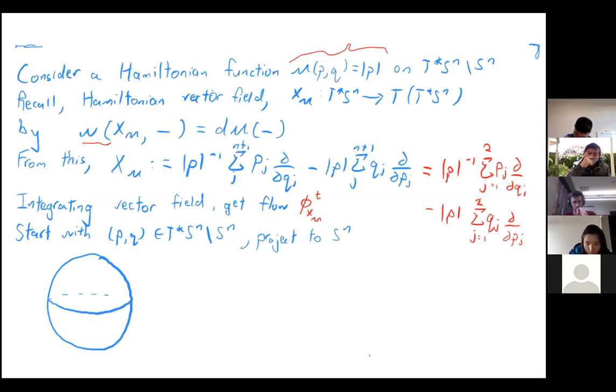You are starting at a point Q and then moving with the velocity vector P over the norm of P. You can see that the orbit of this flow is a 2 pi periodic closed circle.